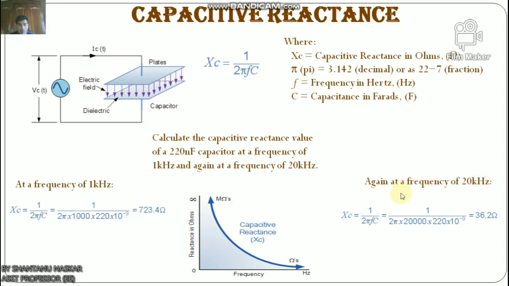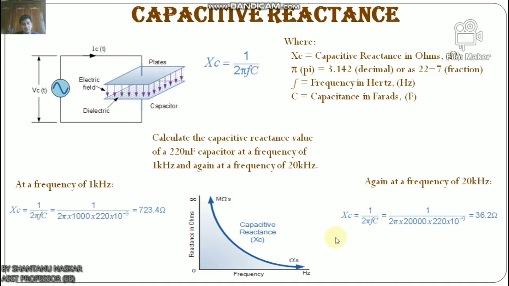But in an AC circuit in which the applied voltage signal is continually changing from a positive to a negative polarity at a rate determined by the frequency of the supply, as in the case of a sine wave voltage, for example, the capacitor is either being charged or discharged on a continuous basis at a rate determined by the supply frequency.